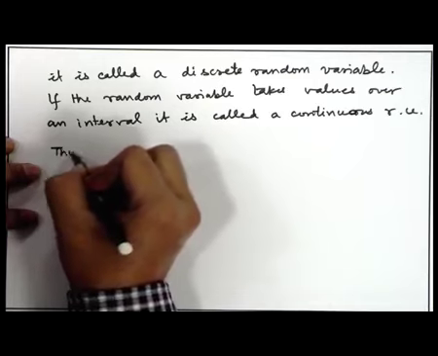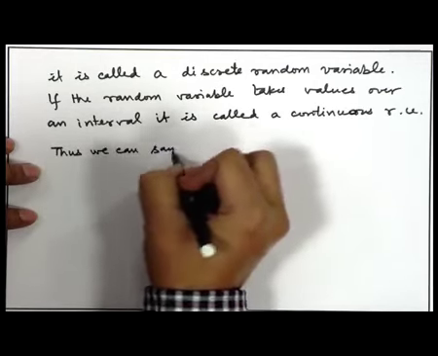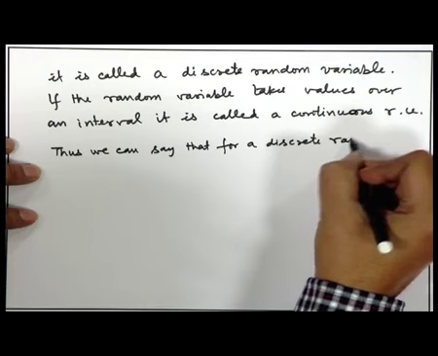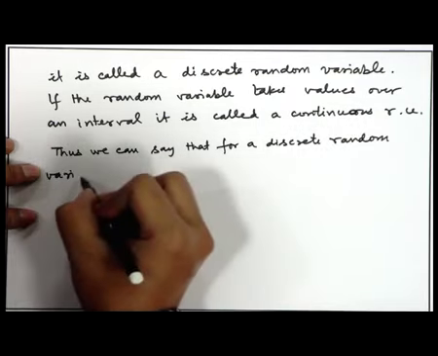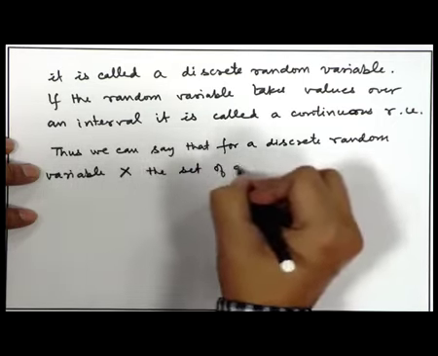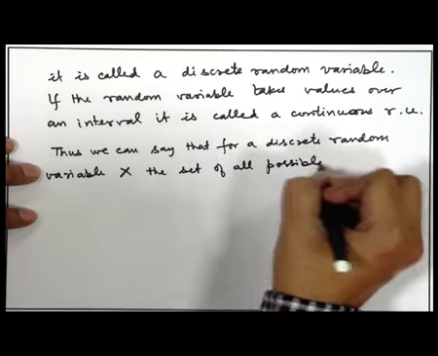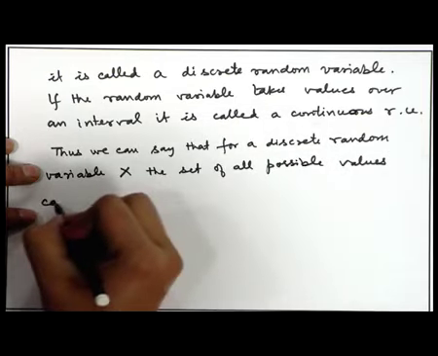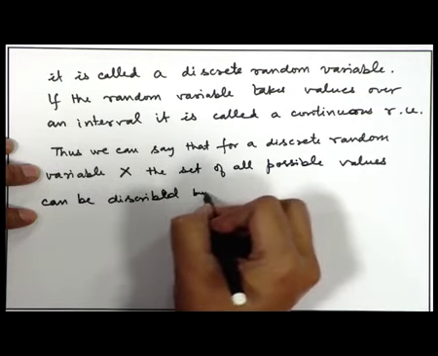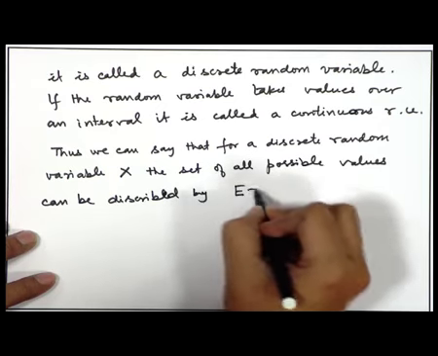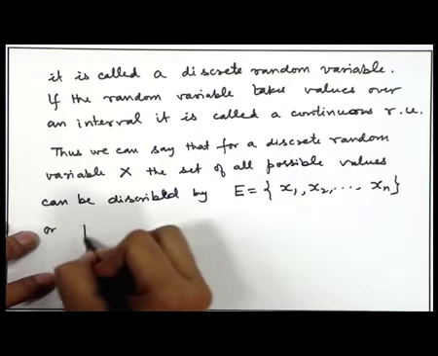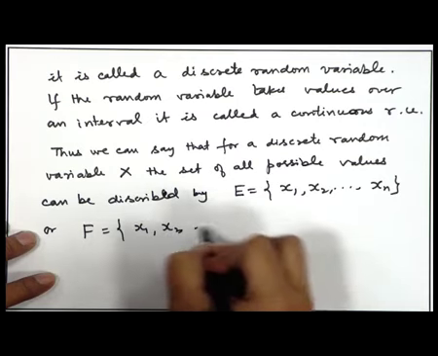So, thus we can say that for a discrete random variable X, the set of all possible values can be described by, so I will use some notation, say E is equal to x1, x2 and so on xn, or x1, x2 and so on.